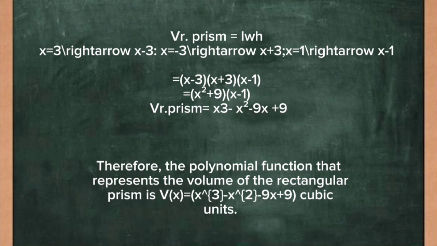So x squared minus 9, and copy the x minus 1. After we multiply, we have the answer: V of the rectangular prism equals x cubed minus x squared minus 9x plus 9. Therefore, the polynomial function that represents the volume of the rectangular prism is V of x equals x cubed minus x squared minus 9x plus 9 cubic units.